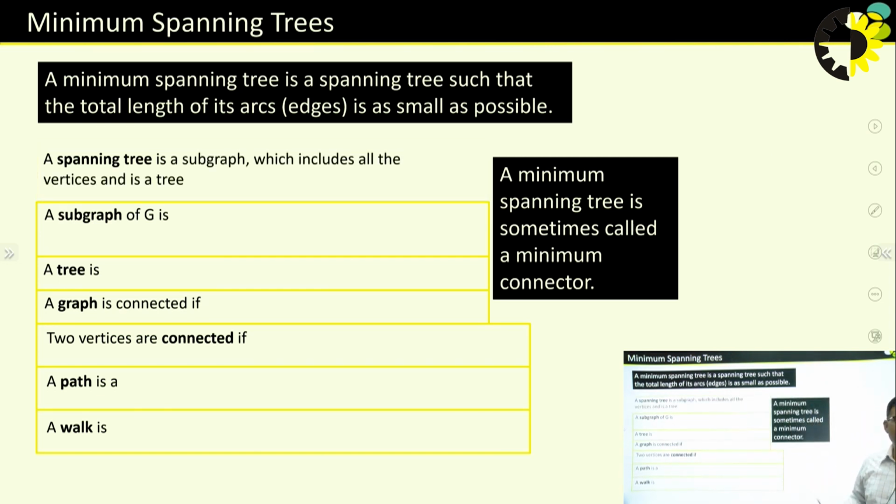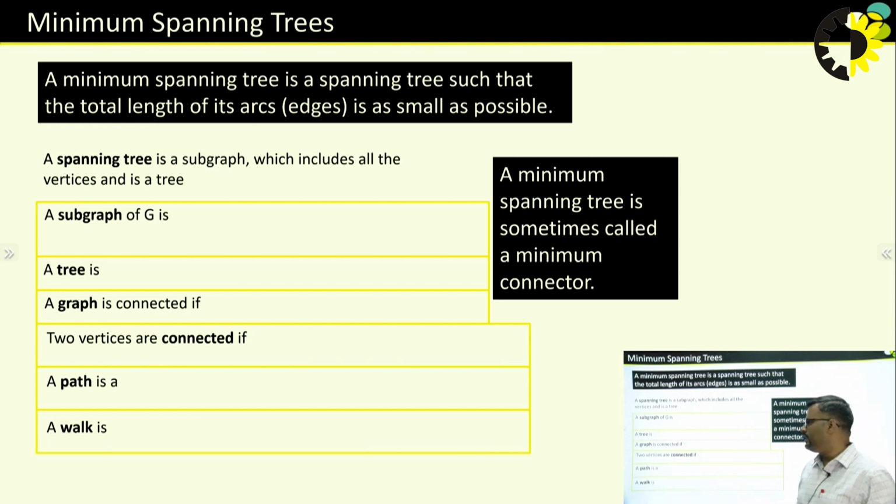A spanning tree is a subgraph which includes all the vertices and is a tree. A subgraph: if a graph is G, then the subgraph is G dash.